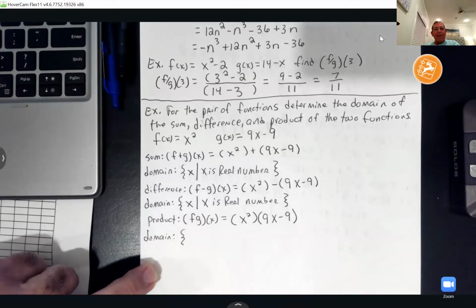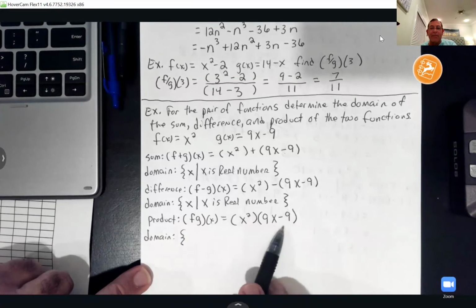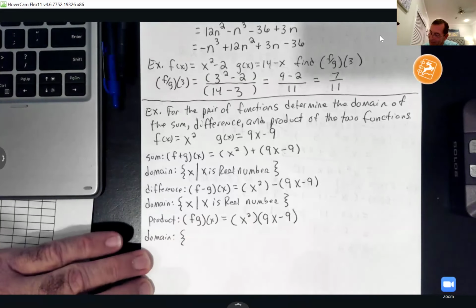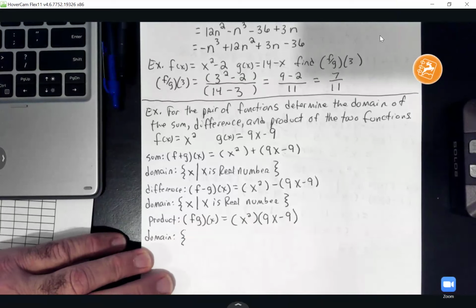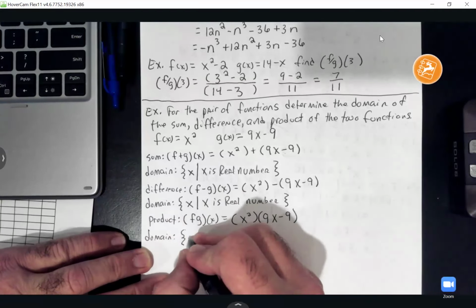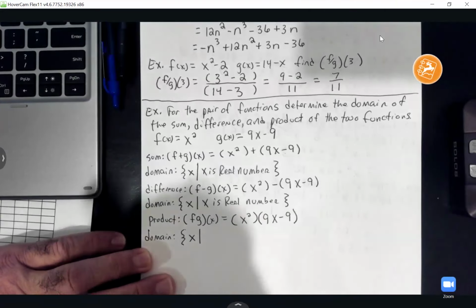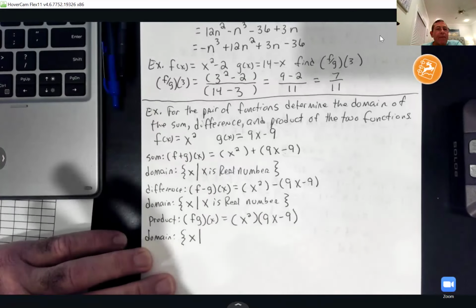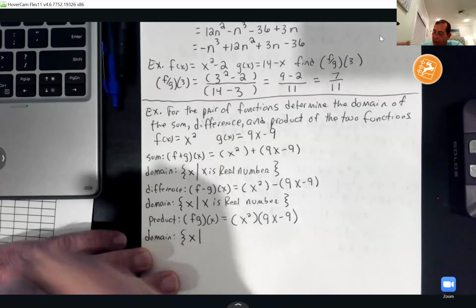So who's got my domain for multiplication? If I was to multiply these two functions, what would my domain be? Wouldn't it still be x is a real number? Yeah, because I still don't have any fractions. So y'all remember, at this point, when you're doing a domain, if you don't have fractions, it's got to be all real numbers, okay?